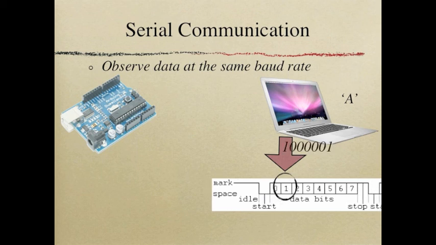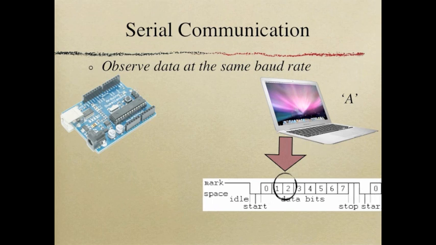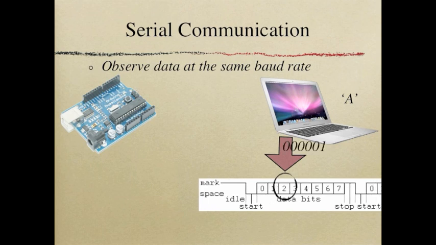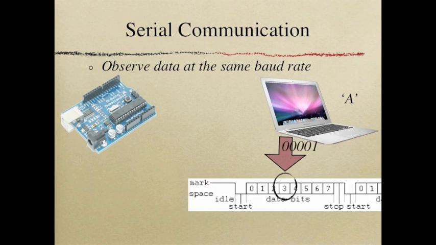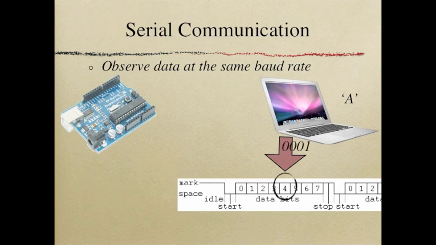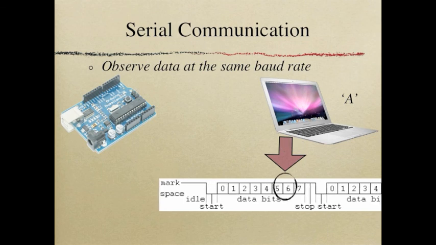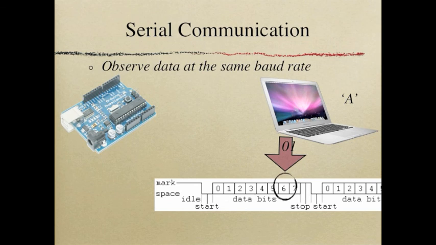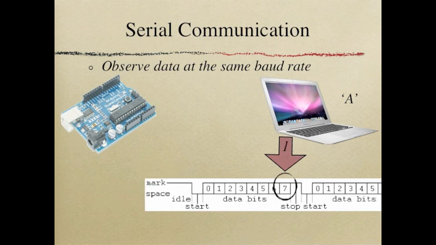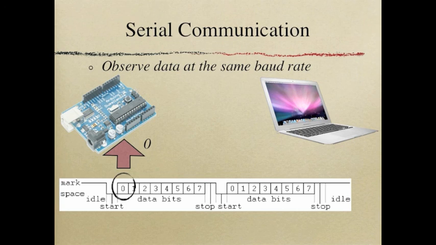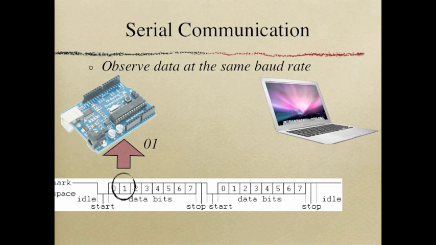Now, let's say your computer wants to send a letter A to your Arduino board. For a certain period of time, we just keep pumping data into the line. Let's say in the first period we pump the first bit, then we pump the second bit, and so on. Once we're done with the 8 bits, the data has been sent to the other end. Now, the other end just has to count for a certain period of time and read each bit one by one.